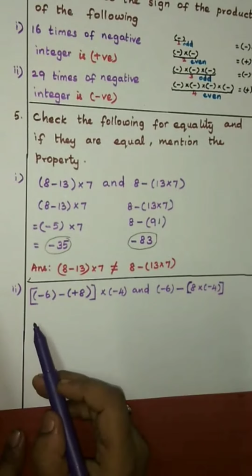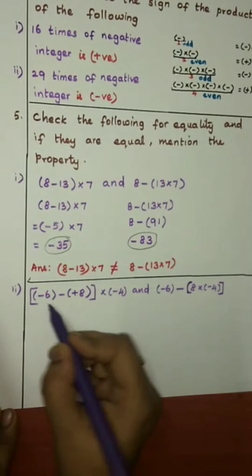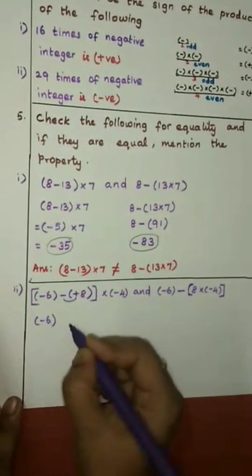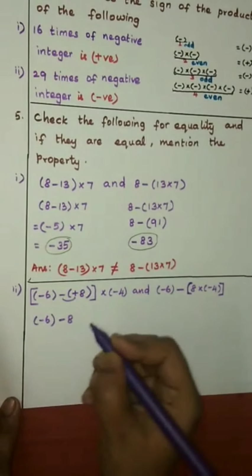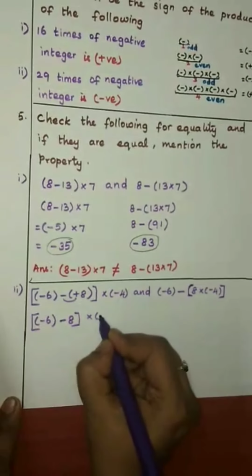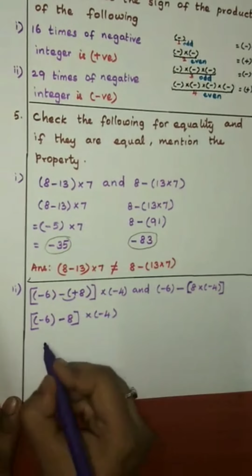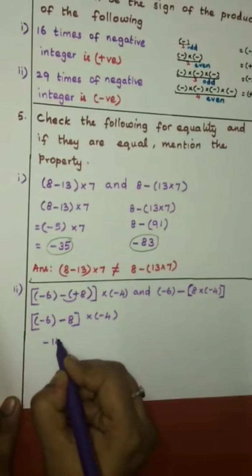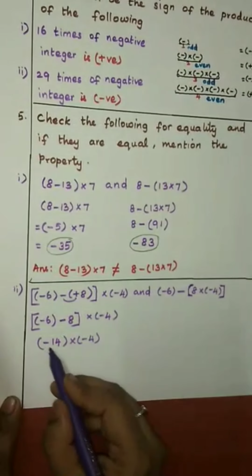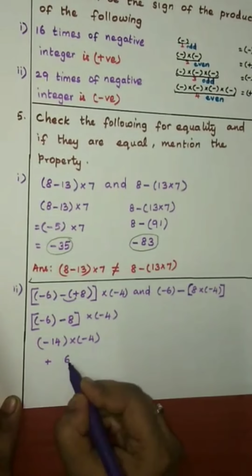Second subdivision, first solve what is given inside the bracket. So minus 6 minus into plus, minus 8 into minus 4. Minus 6 minus 8 is minus 14, into minus 4, minus into minus is plus, 4 4s are 16, 56.